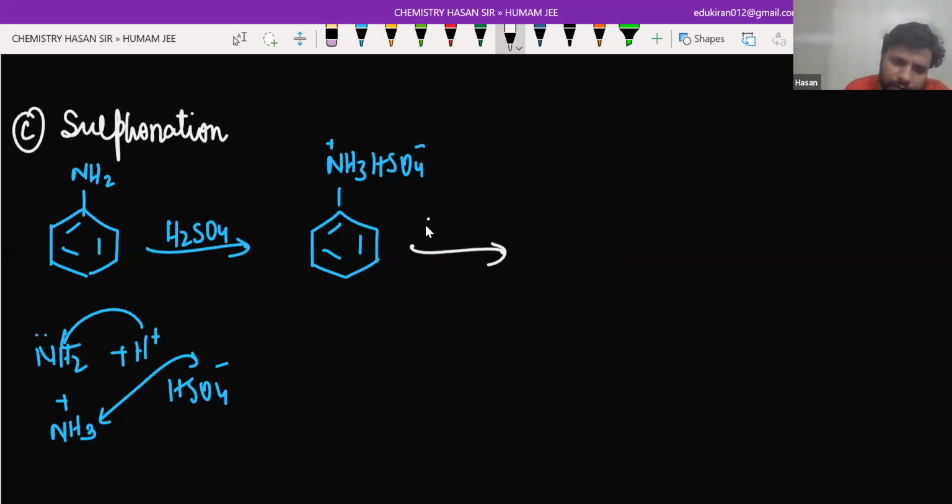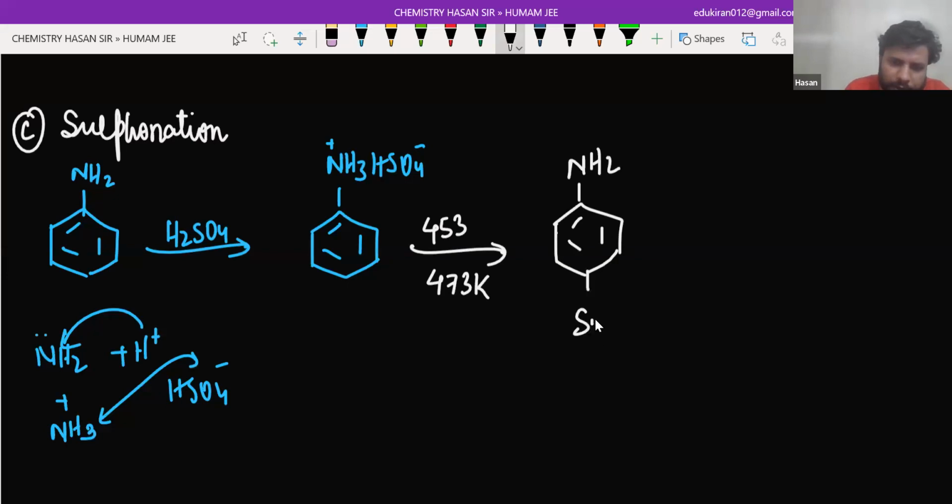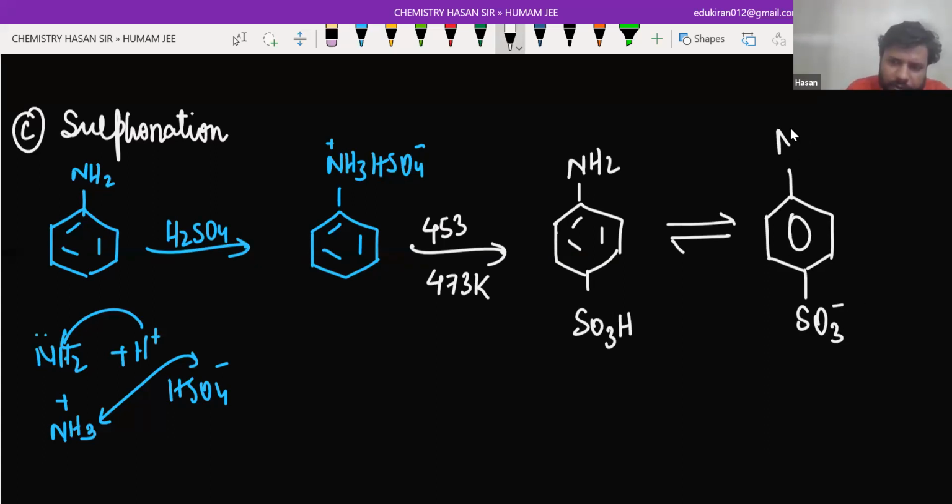And after this, you are going to heat it at 453 to 473 Kelvin. And this will be something like this. NH2 will be there and SO3H. Shifting will be taking place. Or it can be like this. SO3 negative since it is acidic and this becomes NH3 positive.